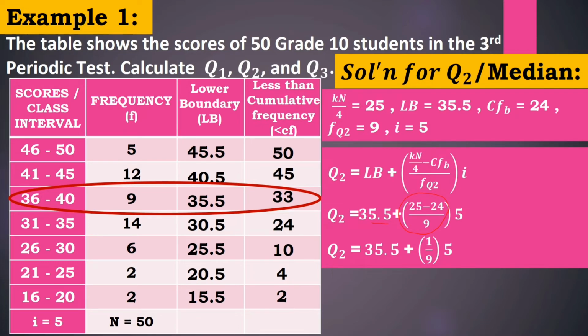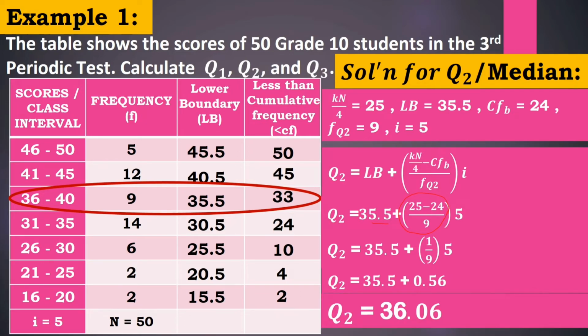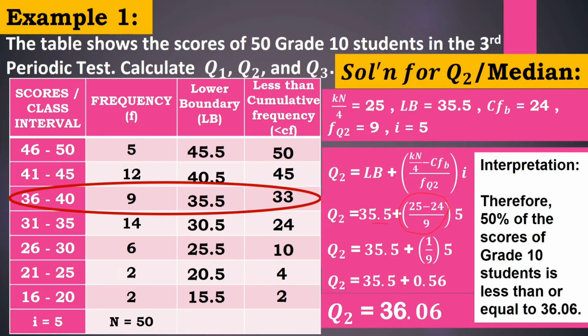So, 1 over 9 times 5 is 0.56. 35.5 plus 0.56 is 36.06. So, ibig sabihin, Q sub 2 is 36.06. Therefore, 50% of the scores of grade 10 students is less than or equal to 36.06.